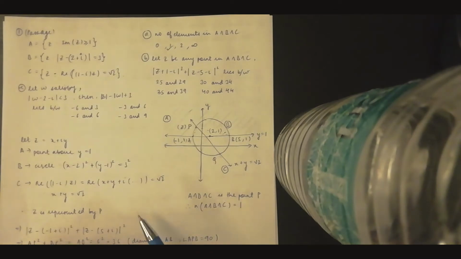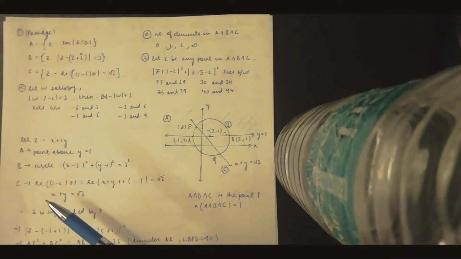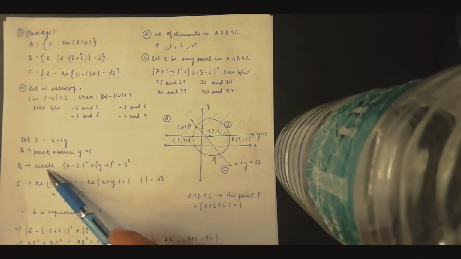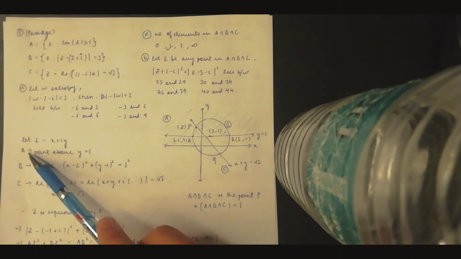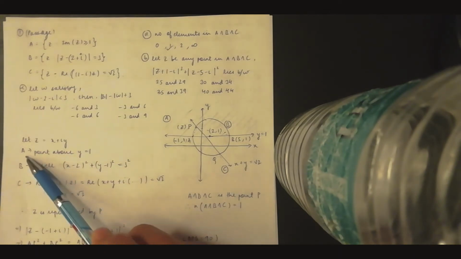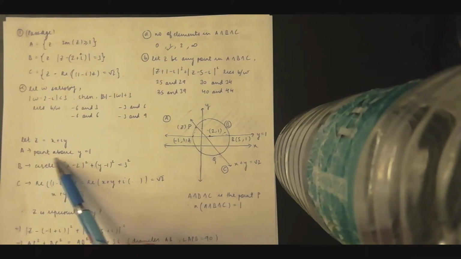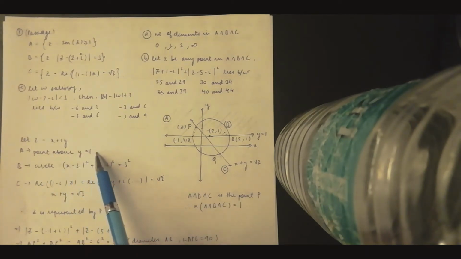Let's start the first question. Let Z be x + iy. So A is basically denoted by the points above y = 1.